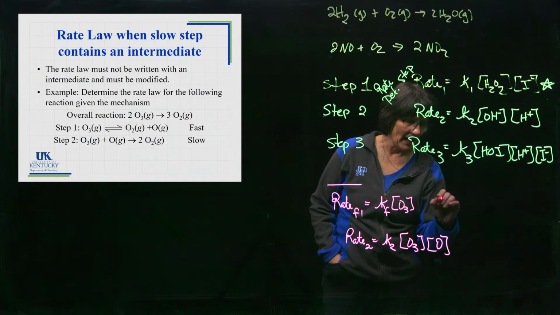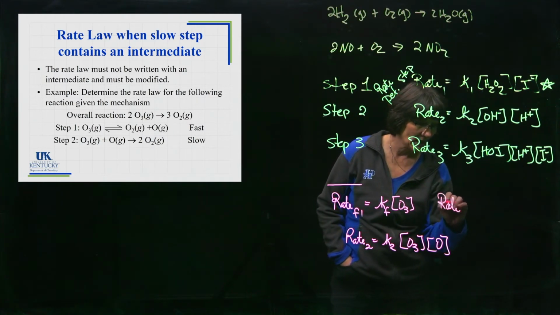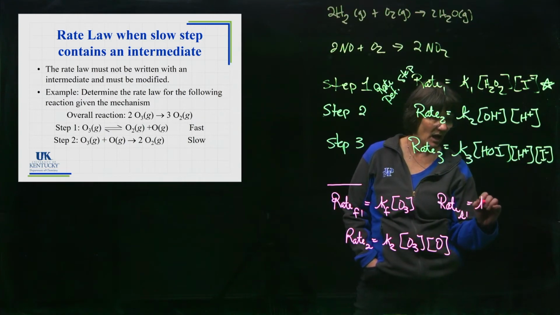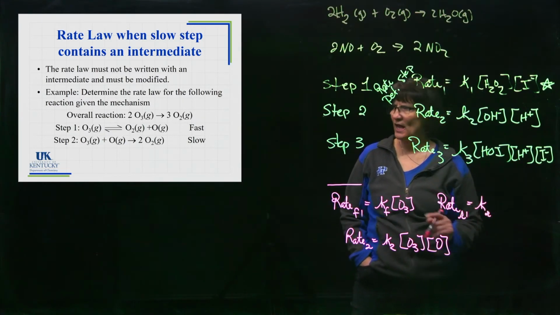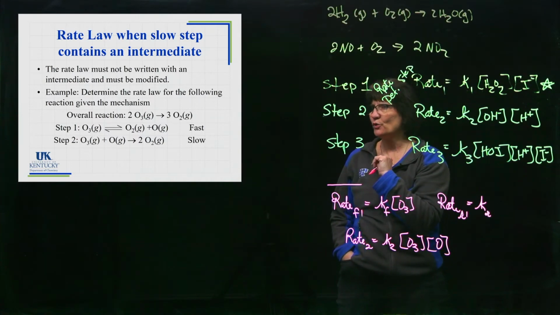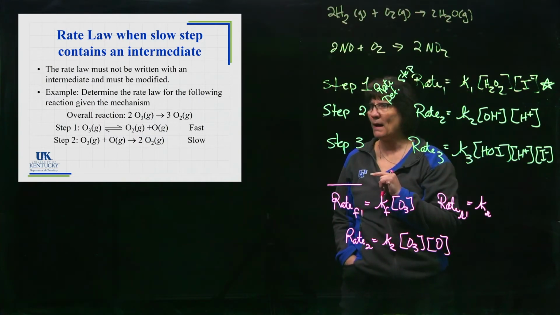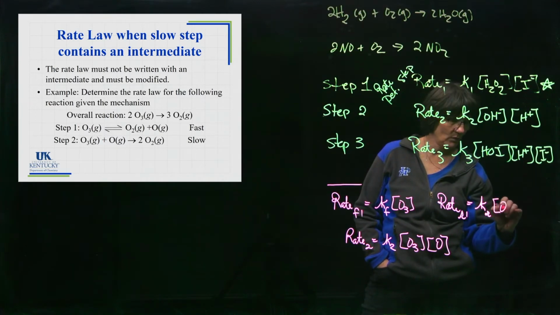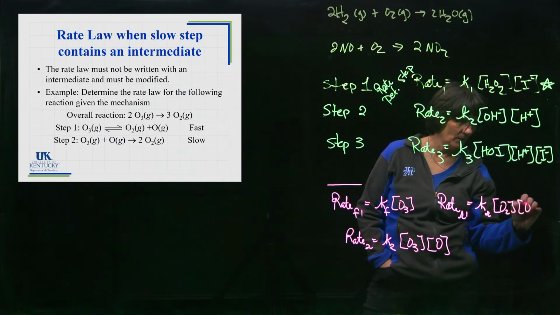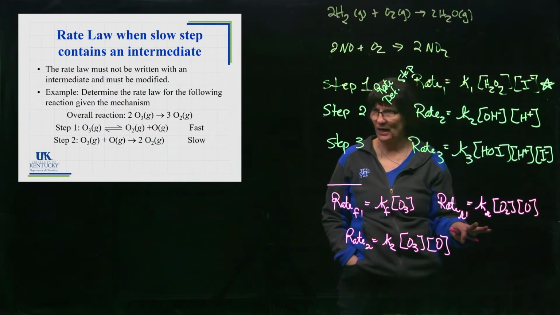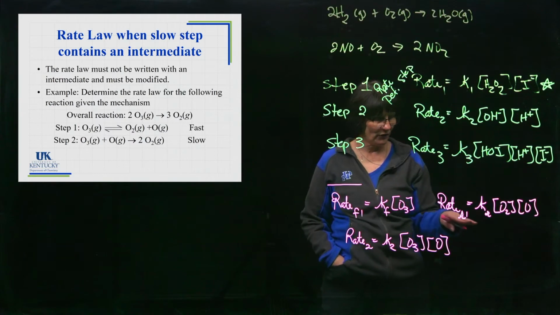For the reverse reaction, the rate of the reverse reaction of reaction 1 is the rate constant of this reverse reaction, and if it's going in reverse, then the O2 and the O are my reactants. So I'm going to write O2 and O. Now I have the forward reaction and the reverse reaction, and I have the rate law for them.